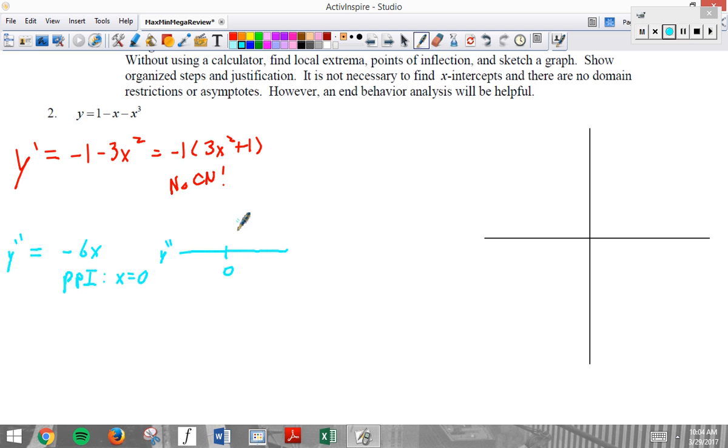So even when there's no critical numbers, I'm still going to make a y prime number line. I'm going to go over that in a second. But the key thing is this is positive to negative. My y prime line won't have critical numbers on it, so no tick marks. And I just noticed that this will always be negative. So it's always going to be decreasing with a nice inflection point at 0.